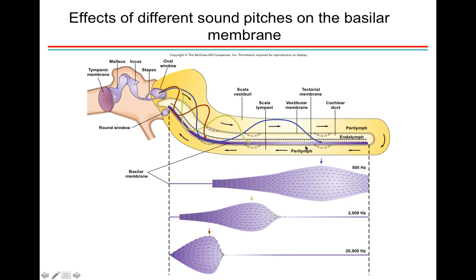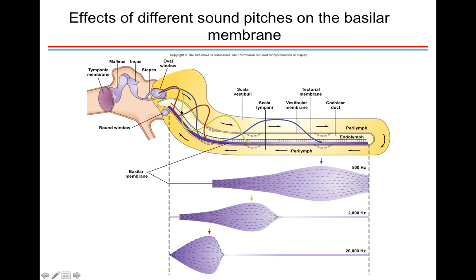So the point is that location is critical. We hear based on the location of the hairs that are being deformed and moving when these vibrations enter the ear. So again, the waves enter the perilymph up here. They're going to be pushing down on the vestibular membrane, which will then have vibration entering the endolymph.